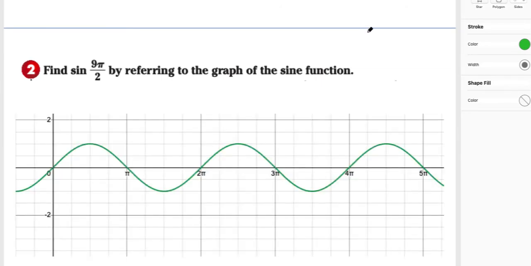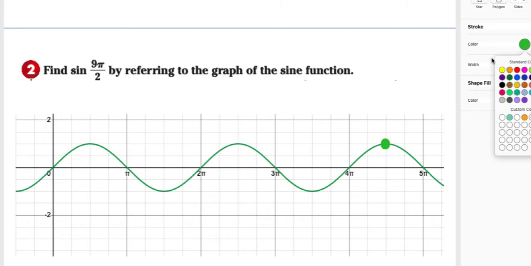Okay, so for number 2, we're going to find the sine of 9 pi over 2 by referring to the graph of the sine function. And we could see that 9 pi over 2 is going to be 4.5 pi, not pi over 2. So we have pi, 2 pi, 3 pi, 4 pi, 4.5 pi is right here.